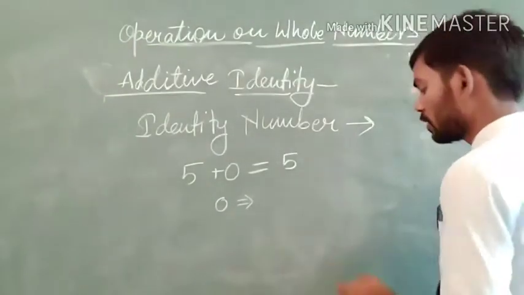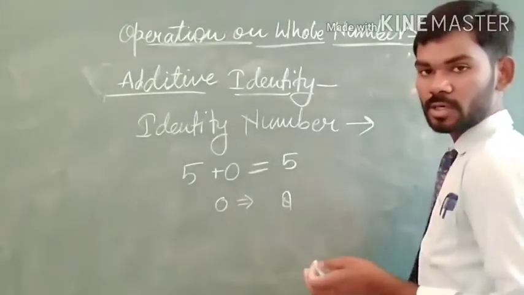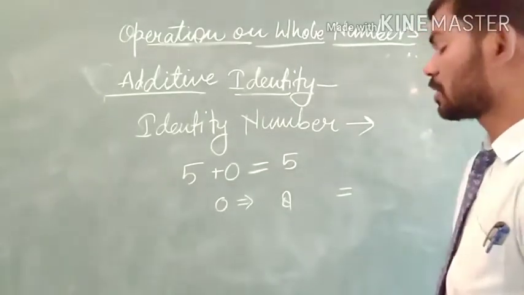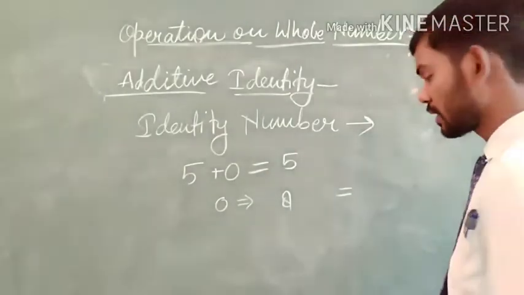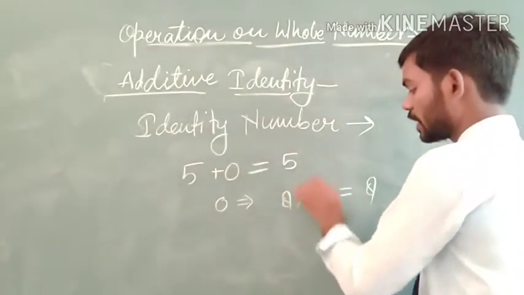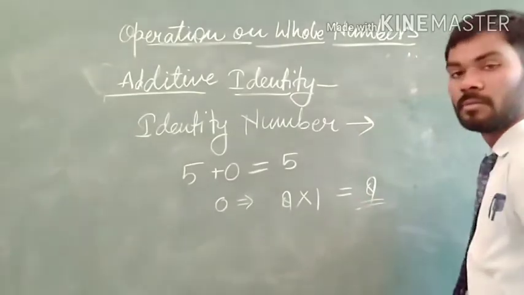Similarly, suppose 8 is the given number, and the question says which number should be multiplied by 8 to get the result as 8. Then we know that when 8 is multiplied by 1, the result will be the same.